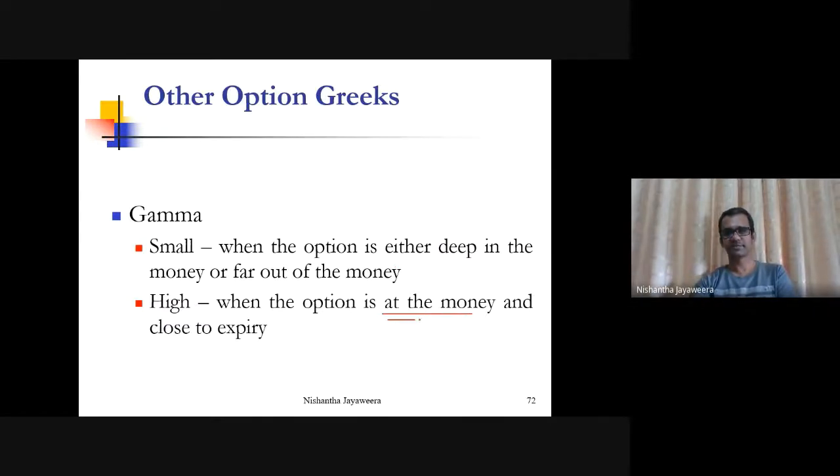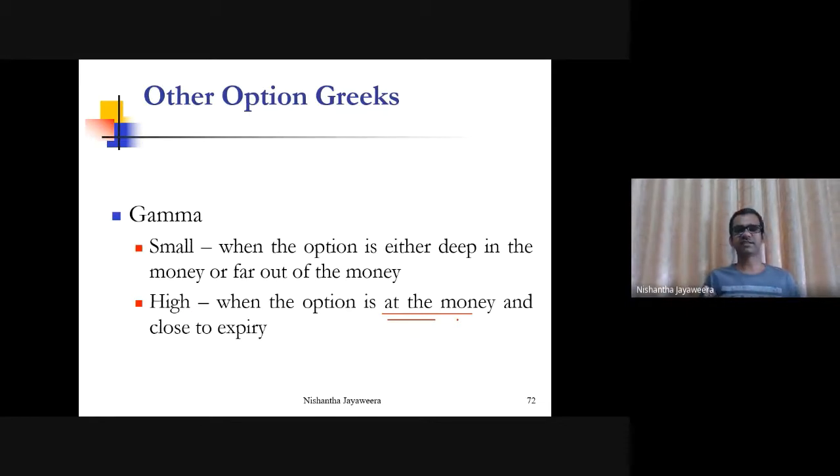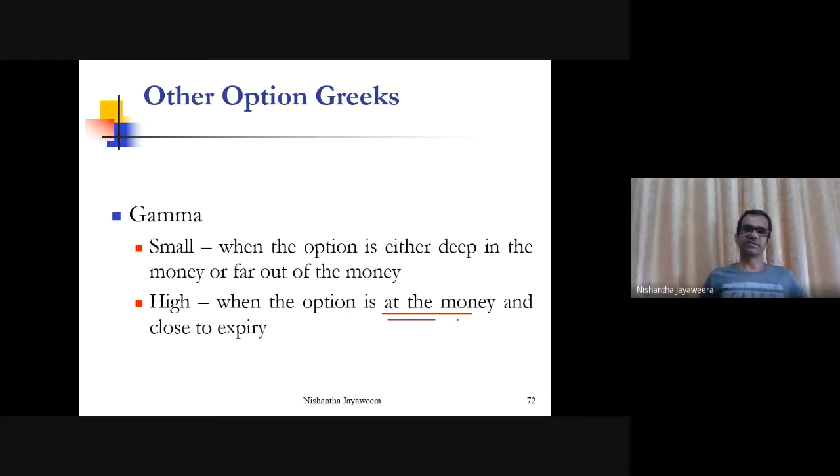At the money. Why? For a small change in price, the option can go into in the money or out of the money and it is highly sensitive. So the delta would change by a drastic amount.